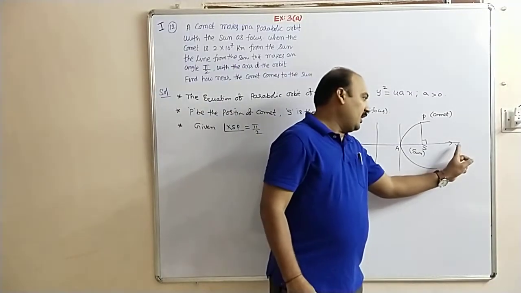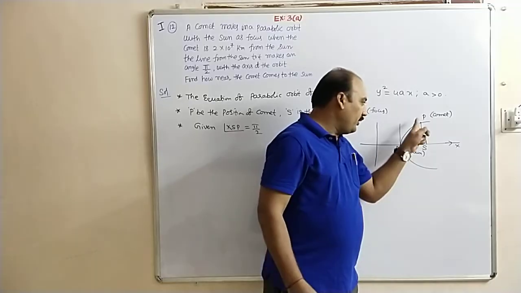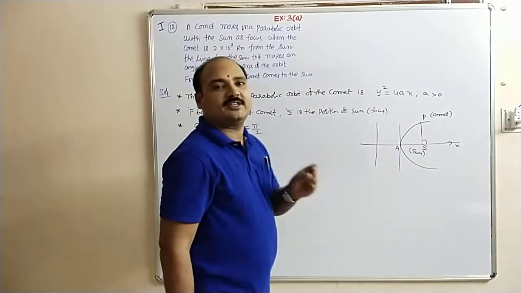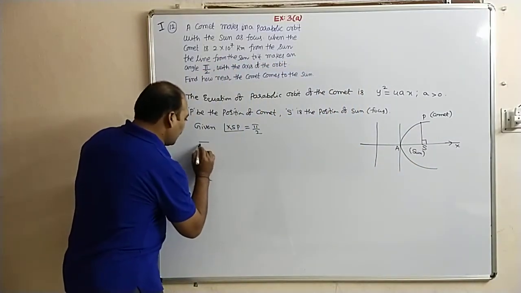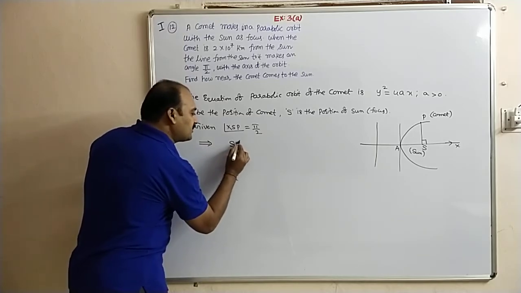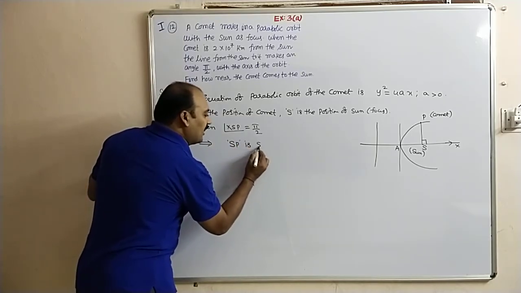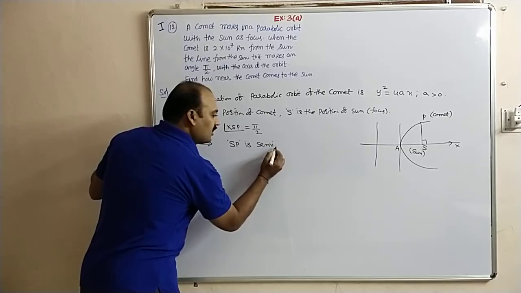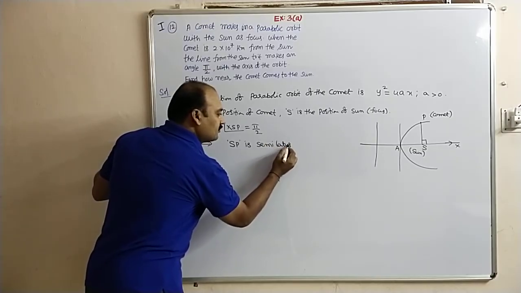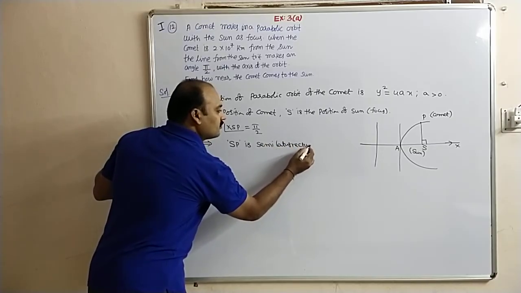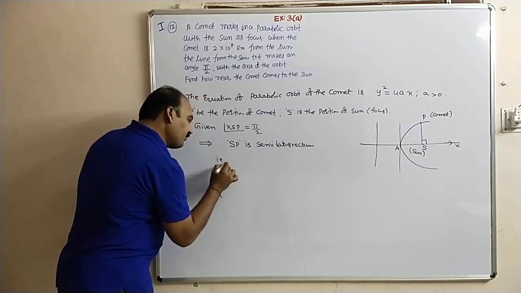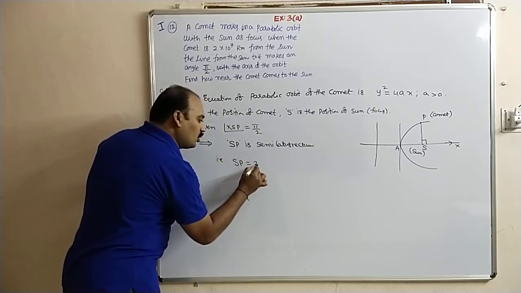Whenever angle XSP is pi by 2, SP represents the semi-latus rectum. That implies that SP is the semi-latus rectum, that is, SP is equal to 2a.